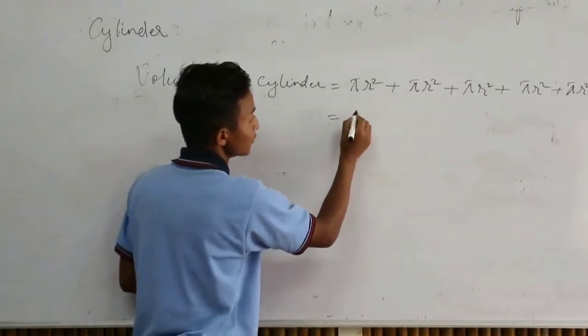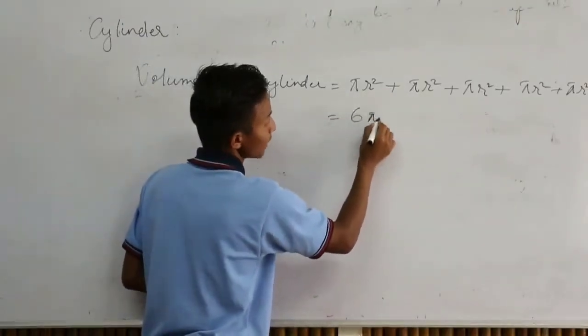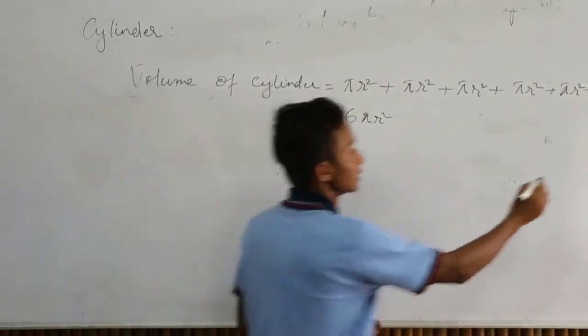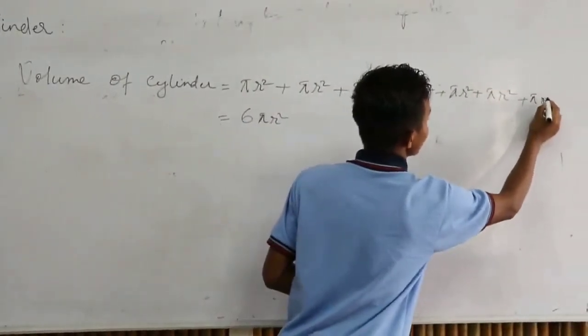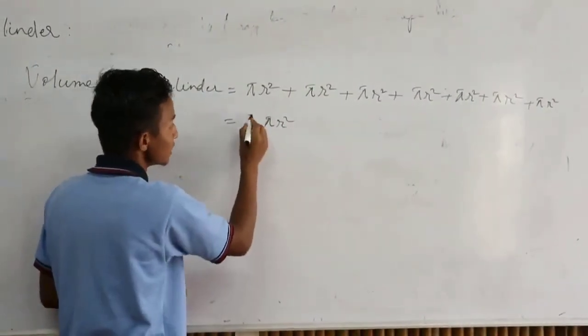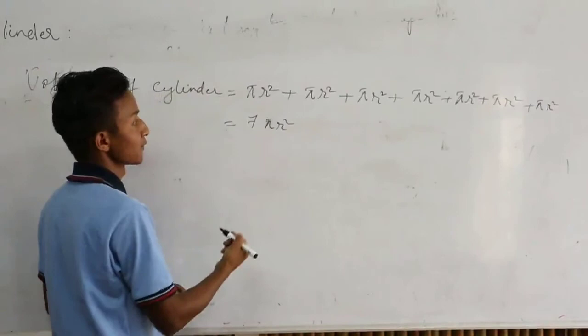Add it up, you get 6 pi r squared. If you want to add one more, you add another pi r squared. So there are 7 of them.